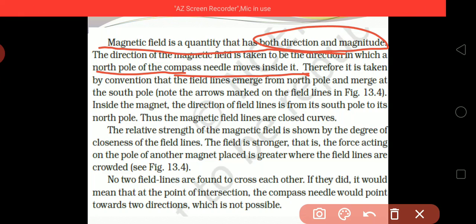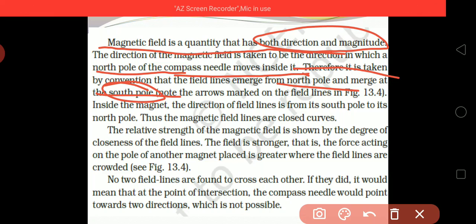Therefore, by convention, a field line emerges from the north pole and merges at the south pole. Note the arrow marked on the field lines in figure 13.4.